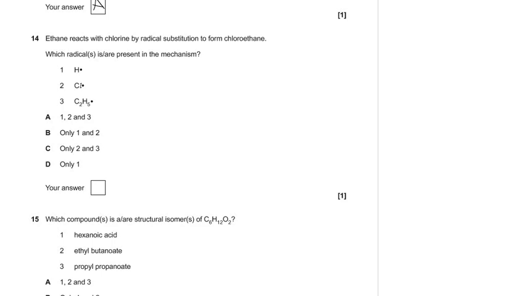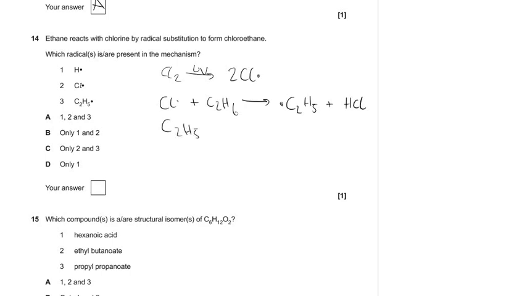So remember, if we draw it all out, we're starting off with our Cl2 here, which with a bit of UV light is going to form for us 2 Cl radicals. So that is our initiation step. And then we should hopefully remember that once you've got your Cl radical, that is going to react with ethane, and that is going to form C2H5 radical plus HCl, and this C2H5 is then going to go on and react with another chlorine molecule this time.